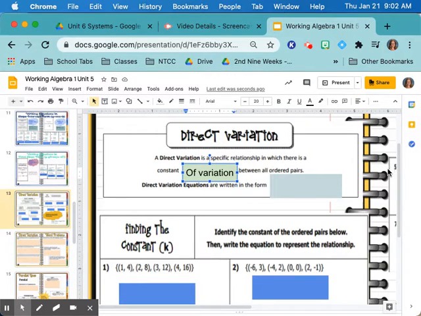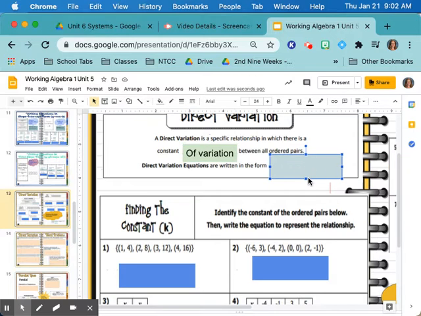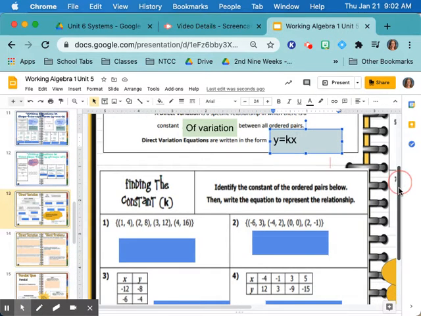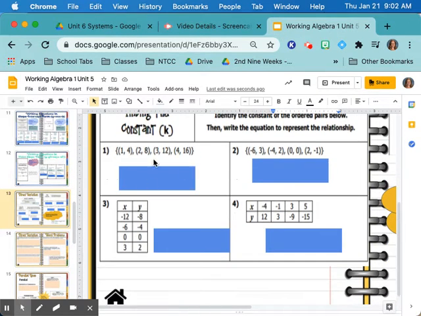Direct variation equations are written in the form y equals kx. Next part, find the constant k. Identify the constant of the ordered pairs below. Then write the equation to represent the relationship. So we have ordered pairs on 1 and 2, and then on 3, we have a table of values.